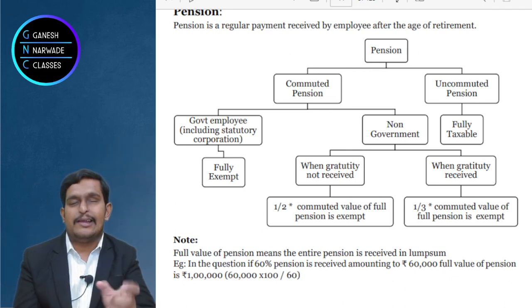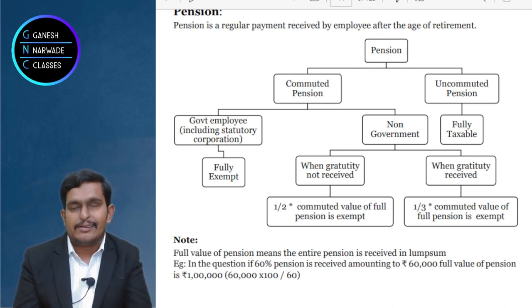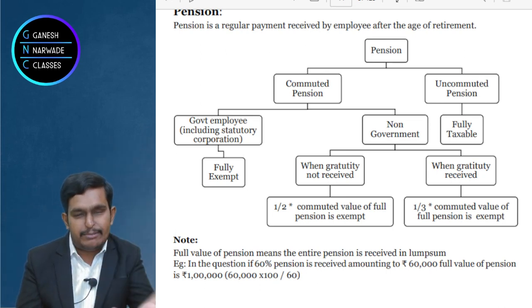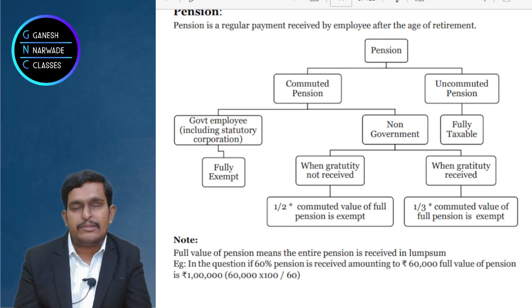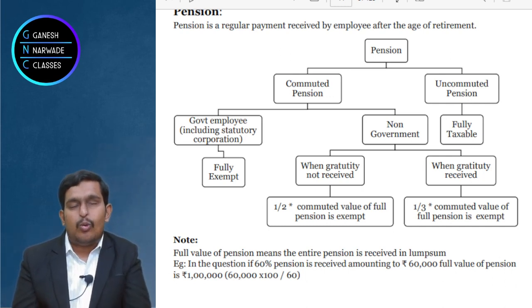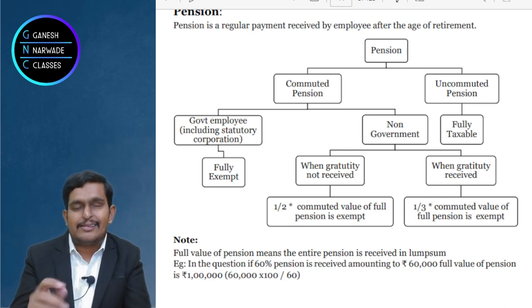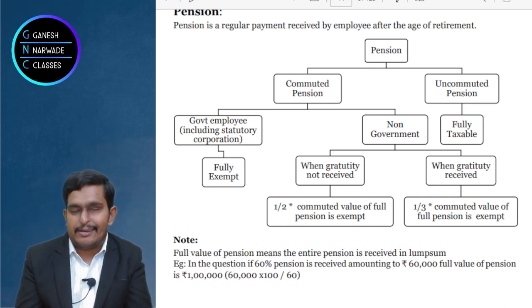Now I'll tell you one critical thing. Suppose 75% pension is commuted, once they give that in the question. It means 75% of the pension you received in lump sum. So out of whatever you were receiving monthly, 75% you received in lump sum. When you received it in lump sum, will you again get it monthly? No, right? So only the 25% balance you will receive on a monthly basis.